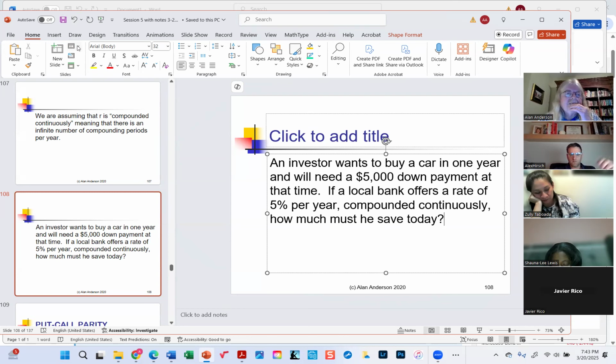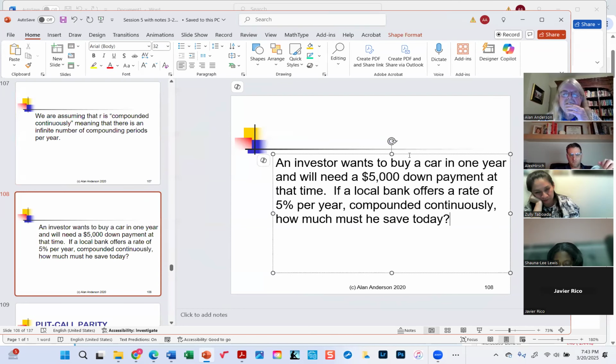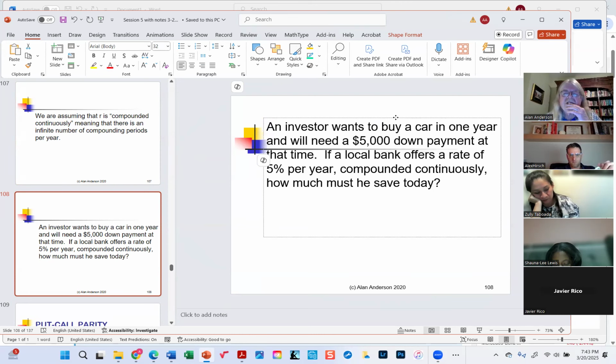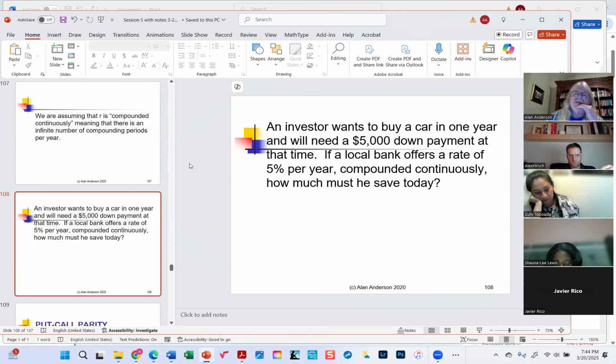All right. Actually, I'll move this up here so you can see it better. All right, so that means that R is 5%. T is 1 for 1 year.